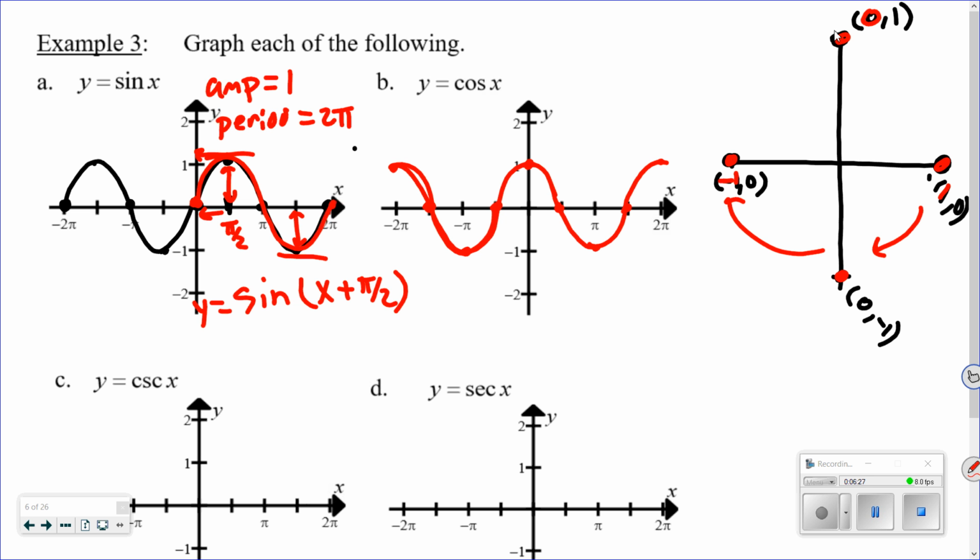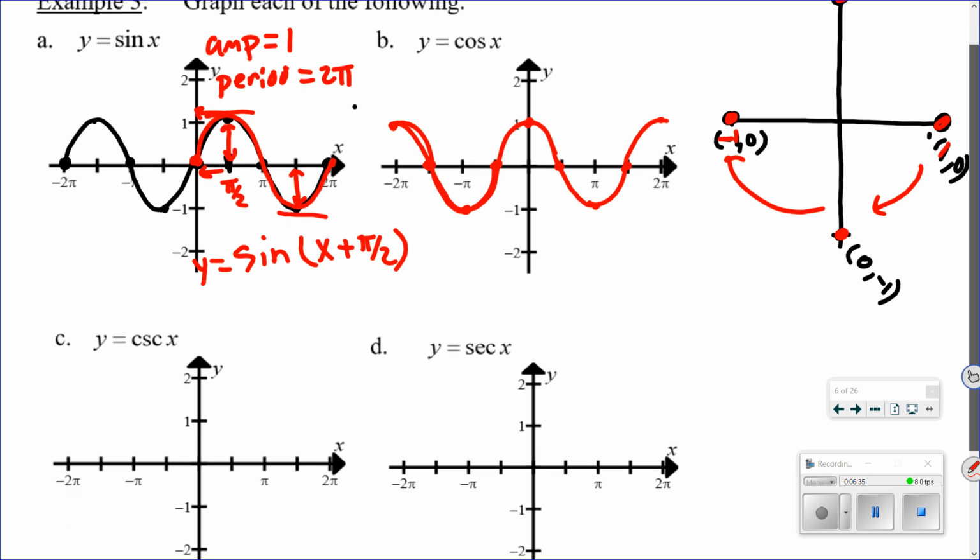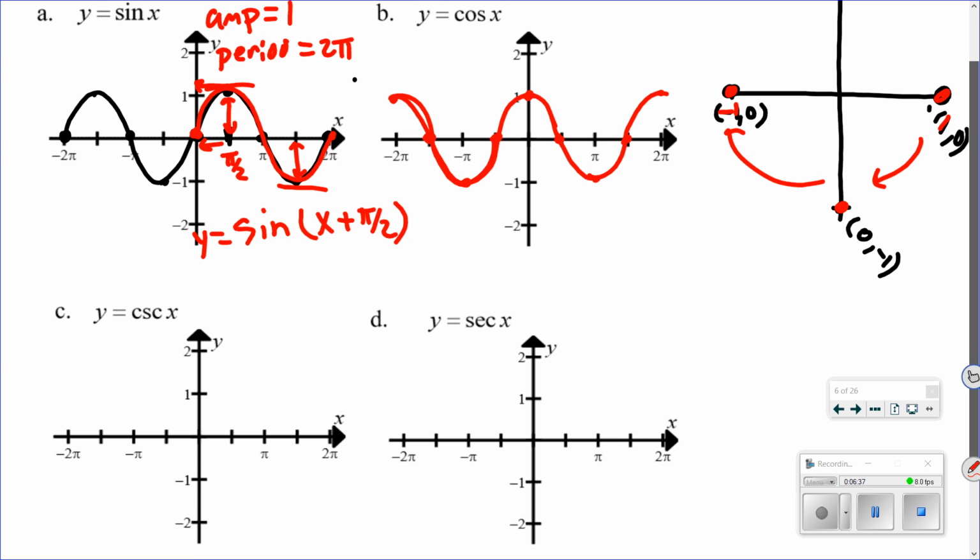Okay, what we're going to do is use the graphs of the sine and cosine to draw the graphs of the cosecant and secant. So I'm going to leave that sine graph up there and use it to draw the cosecant graph. Remember, the cosecant is equal to 1 over the sine.